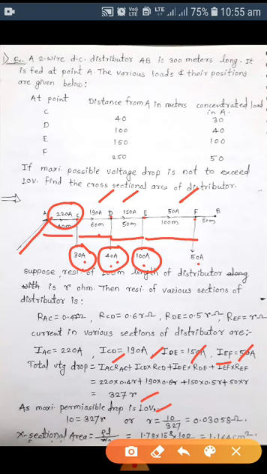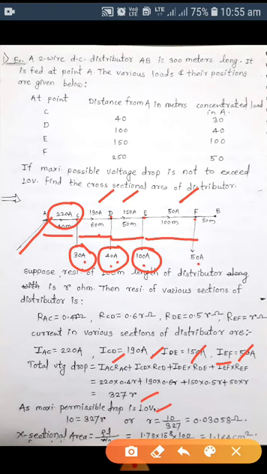The value of rho is constant, that is already given in the example. That rho is equal to 1.78 into 10 raised to minus 8. That value is constant, that is always given, and depends upon the material of the distributor.